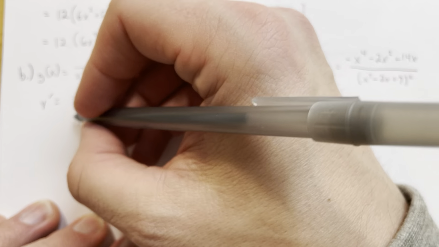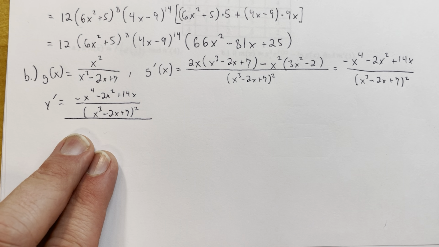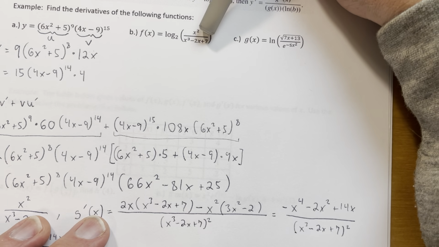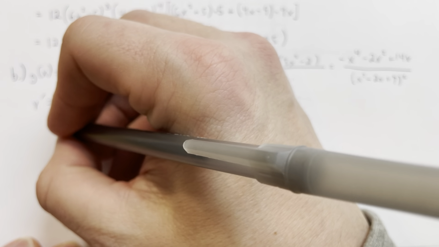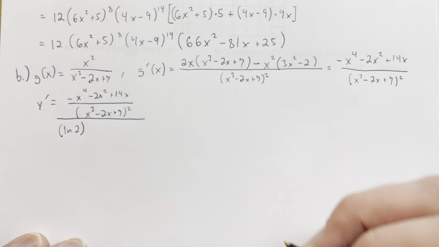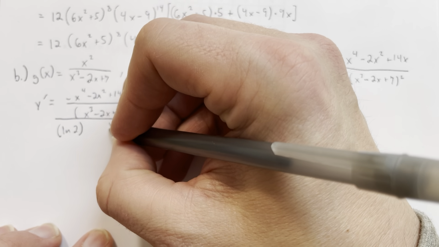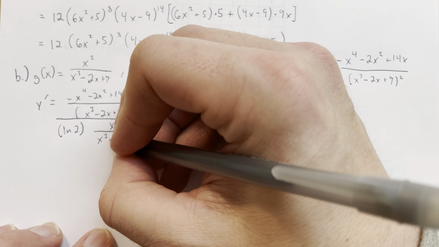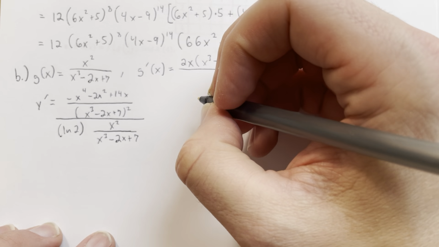And we are dividing that by the natural log of b. And remember, b in this case is the base of our logarithm, which was 2 in this example. So natural log of 2 times g of x, which we have right here. So that's going to look like x squared over x cubed minus 2x plus 7.